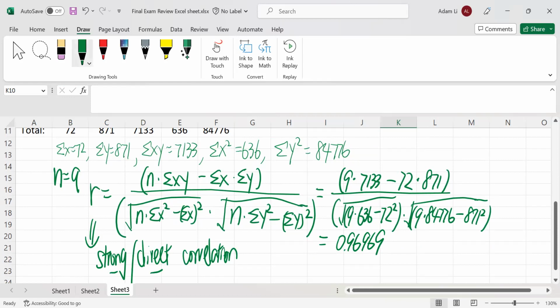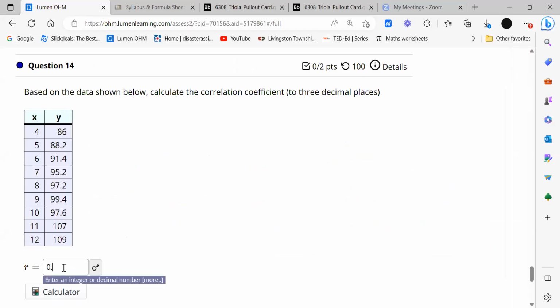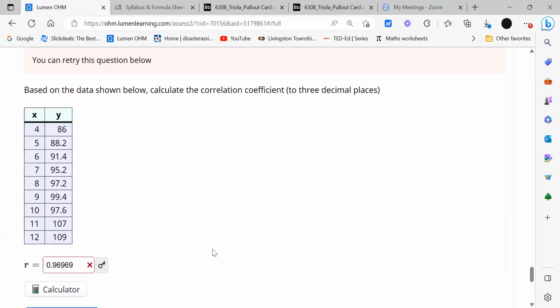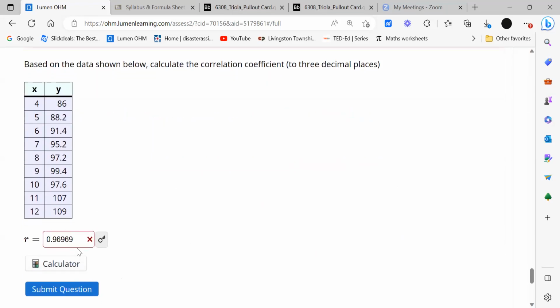Strong positive correlation: 0.96969. If you put in more decimals, that's okay. It's totally okay to take more decimals. Here, there are 3 decimals.